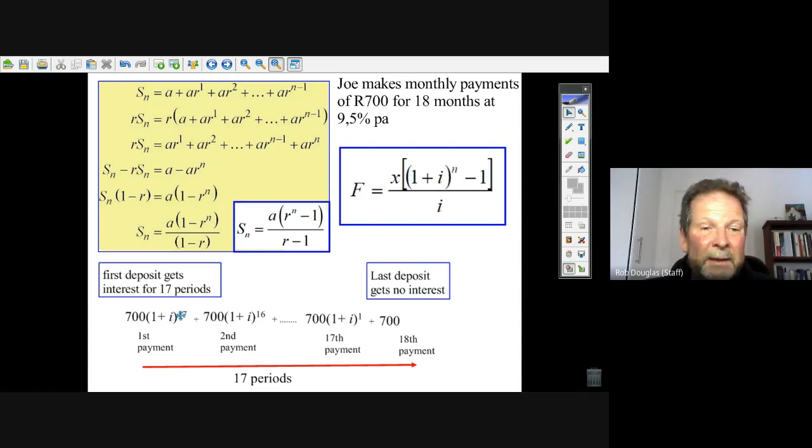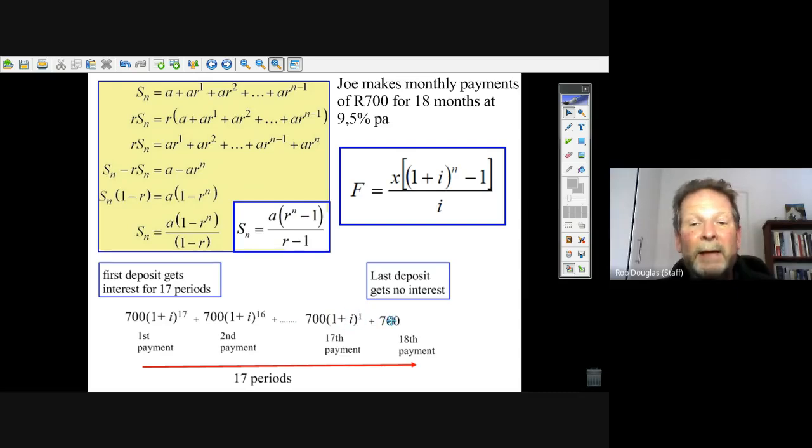There's 17 months to go because it's 18 months. That first 700 will get 17 months of interest. Then at the end of the next month, that 700 Rand will get 16 months, and then 15 months, and then 14, and all the way down. With a month to go, that 700 Rand will get 1 month's worth of interest.